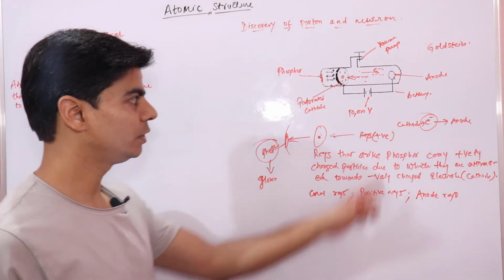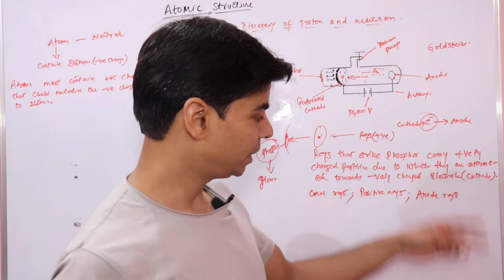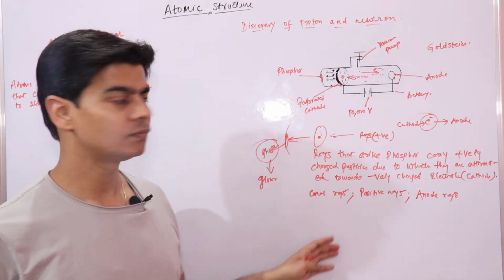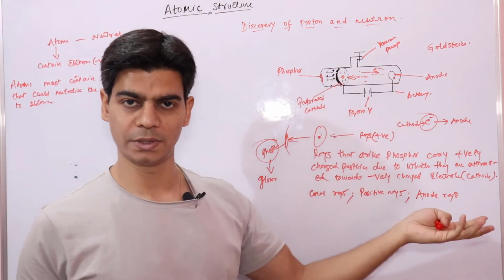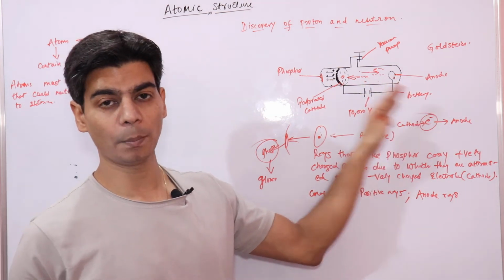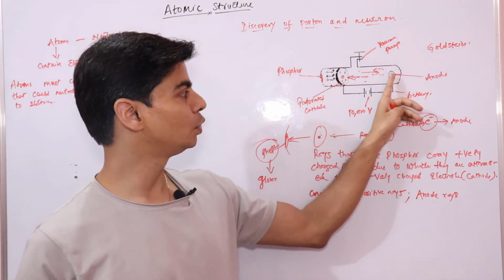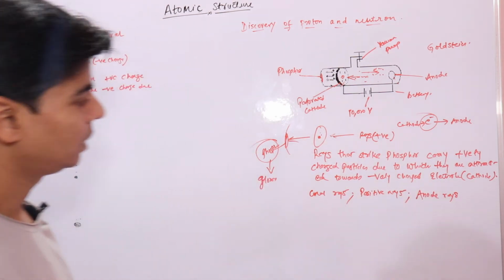Like in the previous experiment, in the discovery of cathode rays, the cathode rays were moving from cathode towards anode, so those were called cathode rays. Now here these rays are moving in the opposite direction, from anode to cathode, so these are also called anode rays, right?